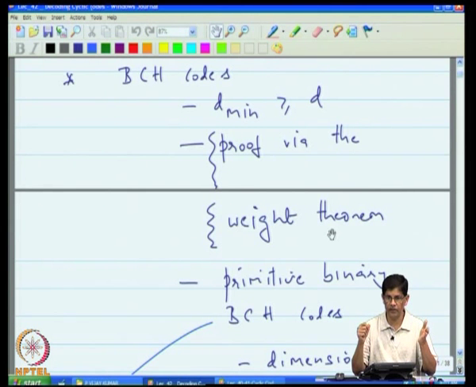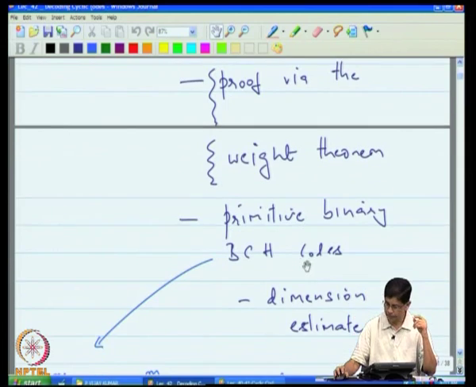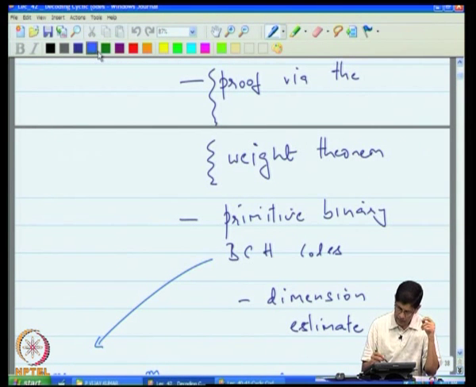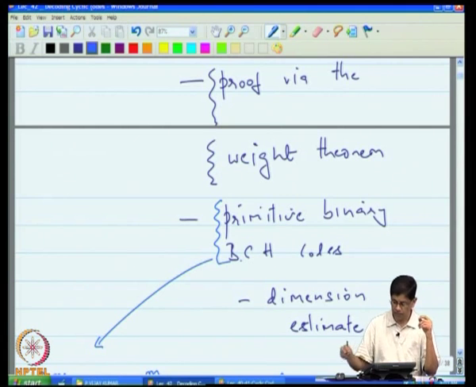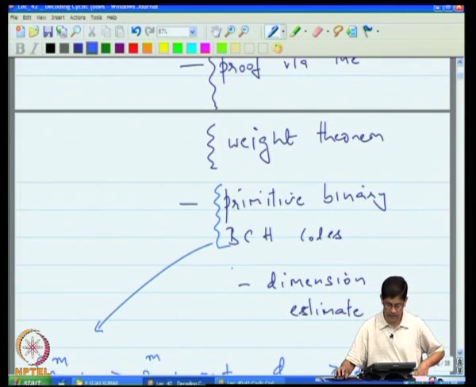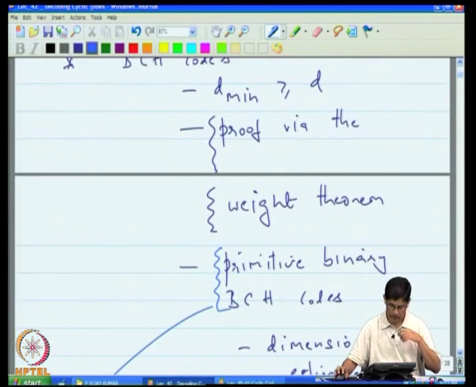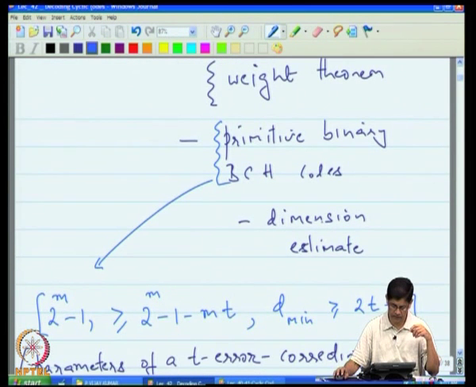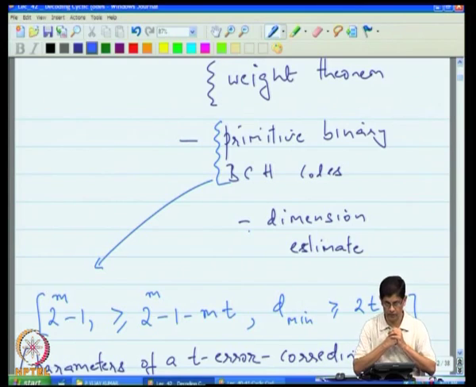So if W was the weight, then the degree of the linear recursion would be W. Then after that, we discussed an example of BCH codes known as primitive binary BCH codes.